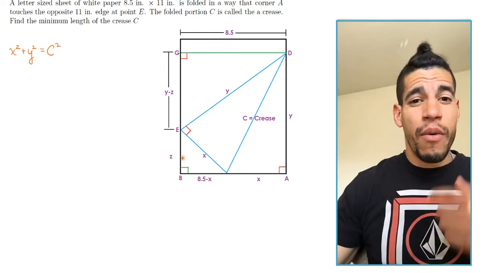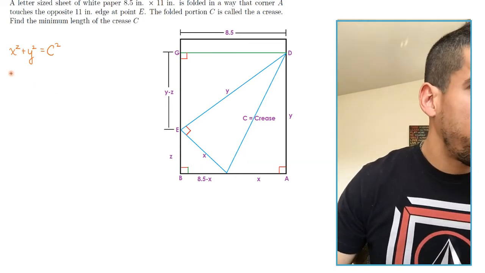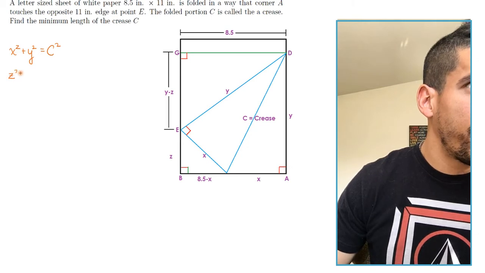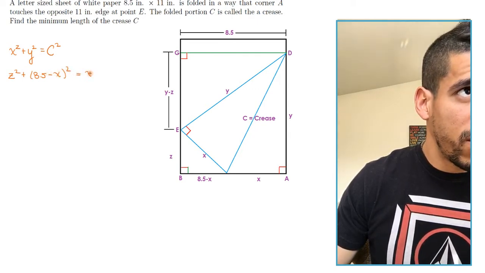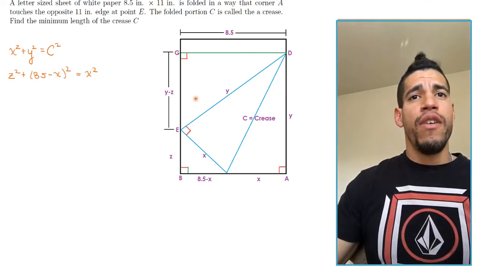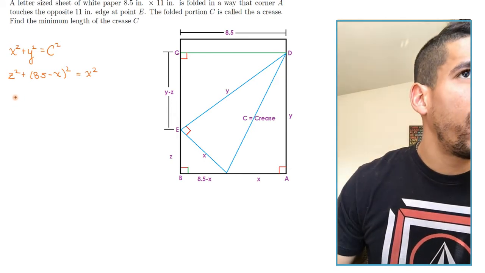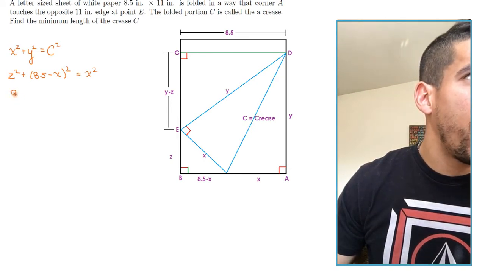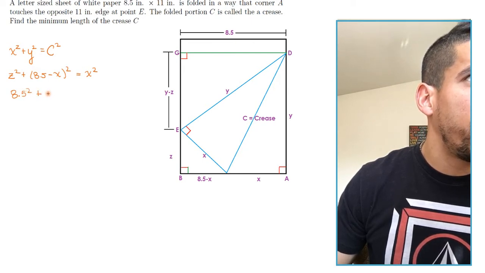Now we have another right triangle in this section, so you get z squared plus (8.5 minus x) squared equals x squared. And you also have this right triangle, which is 8.5 squared plus (y minus z) squared equals y squared.